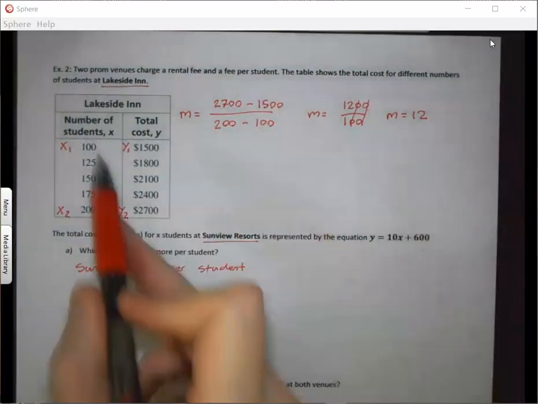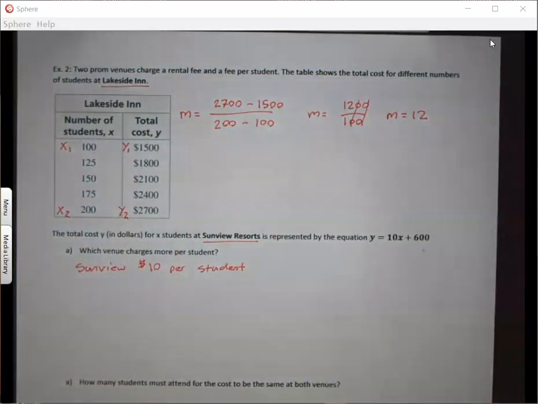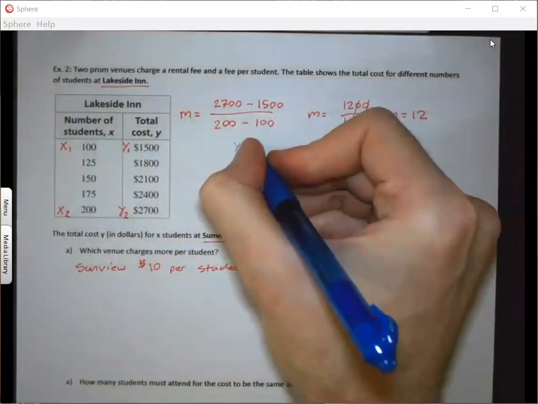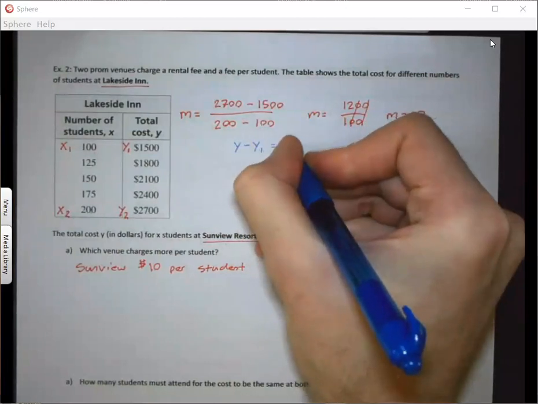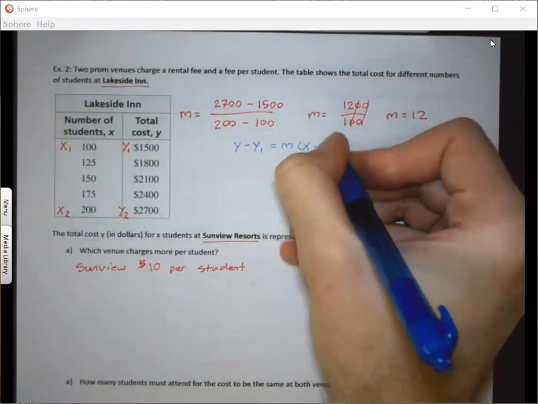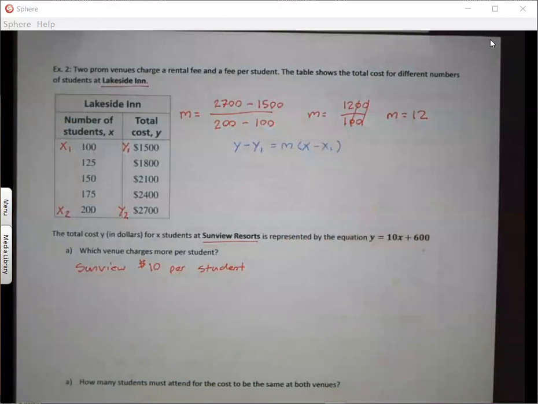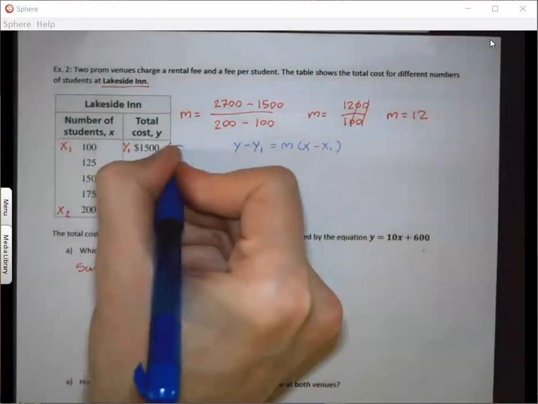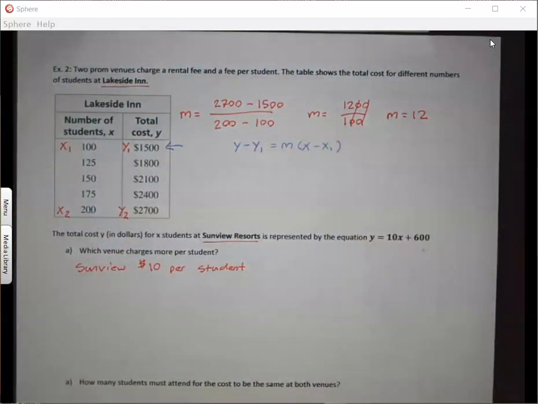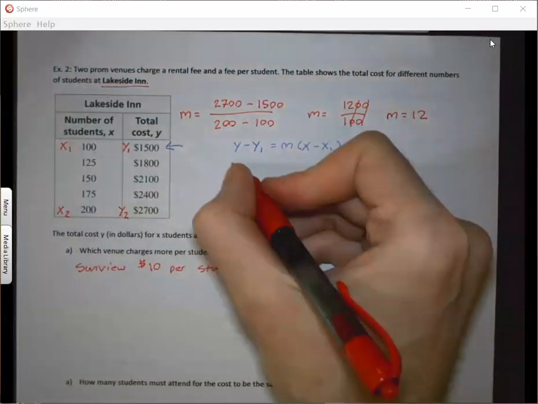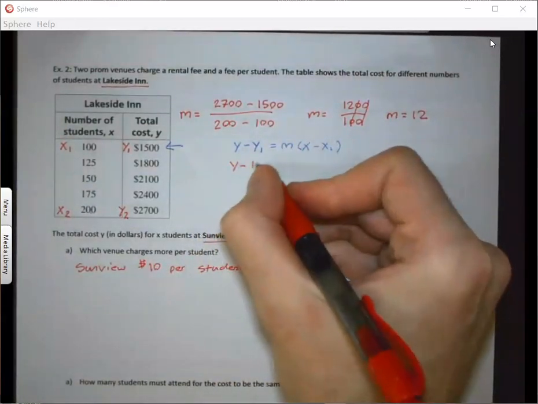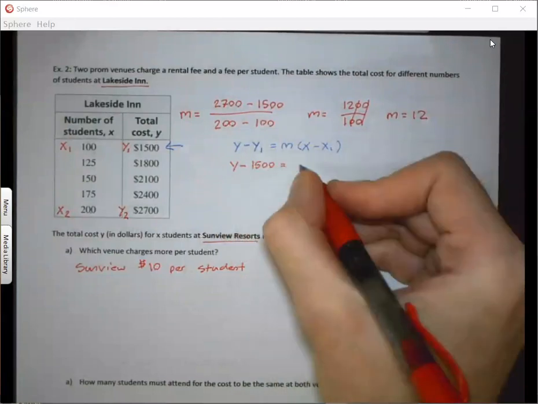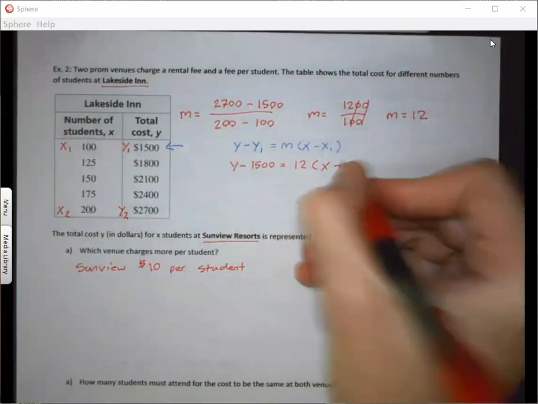We have slope, we have points, so we use our point slope form. And again, point slope form when you're plugging in, it doesn't matter which point you use. Choose one, so I would choose that point. Let's say y minus y1 equal to the slope times x minus x1.